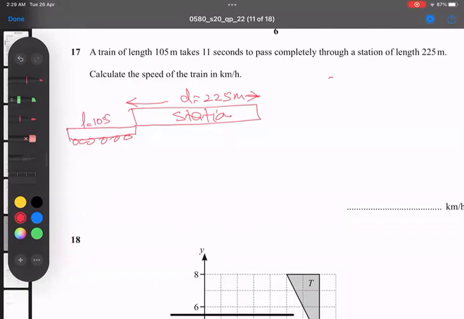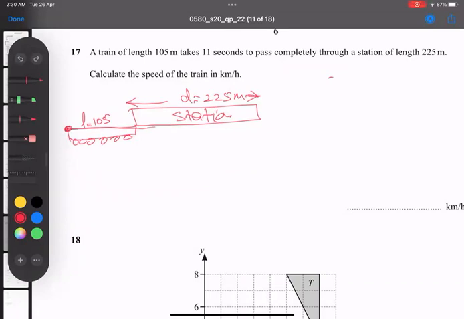So the train enters here and he said it passes completely through the station. The last part of the train is at this point. If this point reaches here, the train is still inside the station. But if this point reaches here, it means completely out of the station.